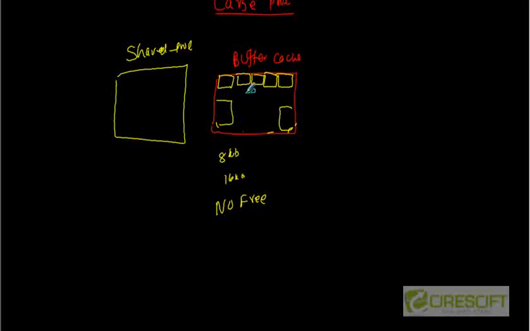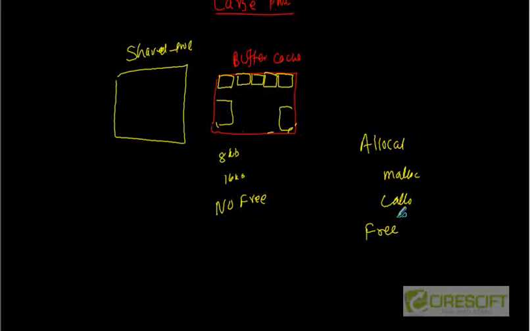So that is how we allocate the buffer cache, and the same way for the shared pool. However, there are certain cases where this kind of scenario is not going to fit. We need to allocate using C, like malloc or calloc, and after we finish, we need to free them.